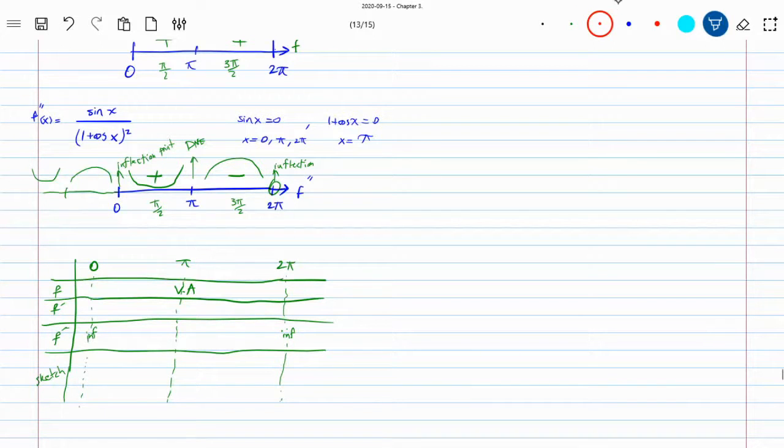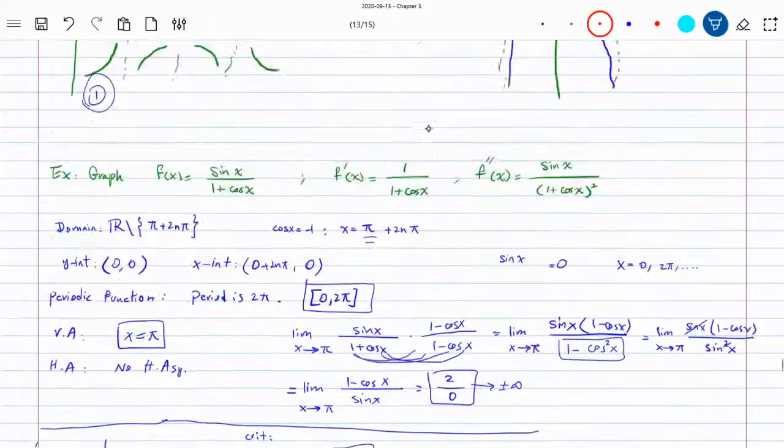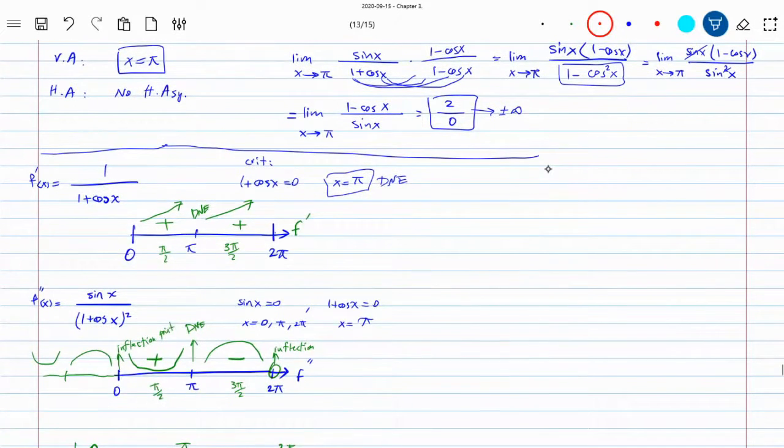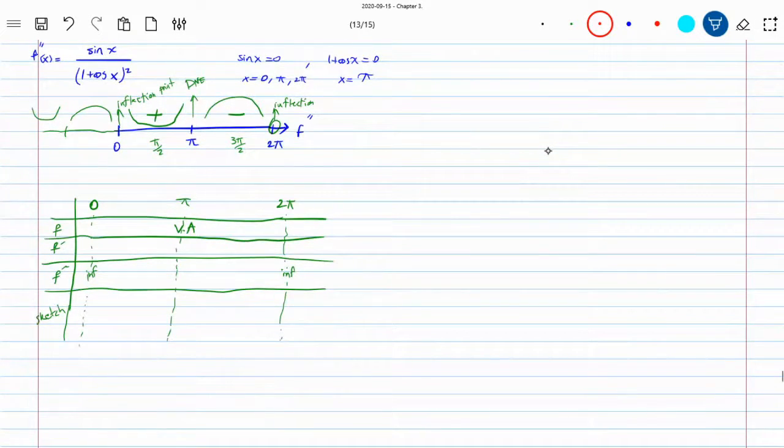Was there an x and y intercept? We had x intercepts at 0 and at 2 pi and so on. The y intercept was 0 as well.